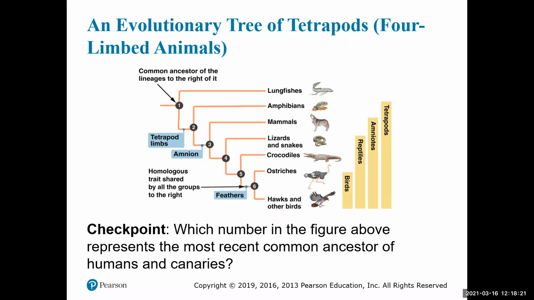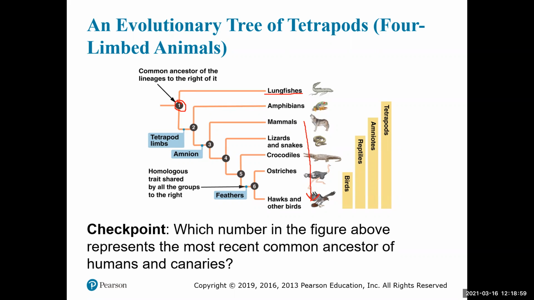But because this ancestor gave rise to all of the organisms here, lungfishes are equally related to amphibians, mammals, and all of the others. They're equally related because the ancestor that they came from gave rise to all of those groups.